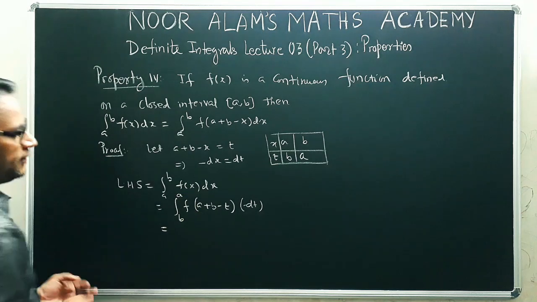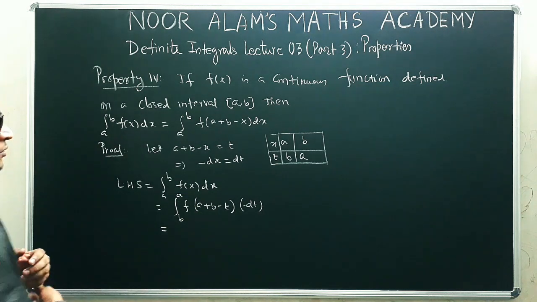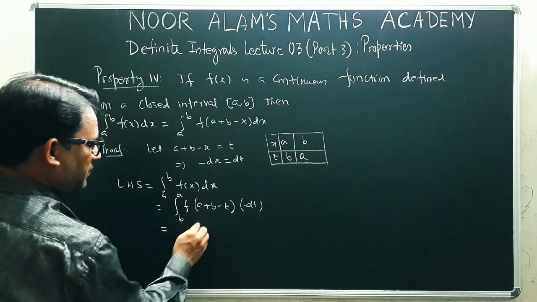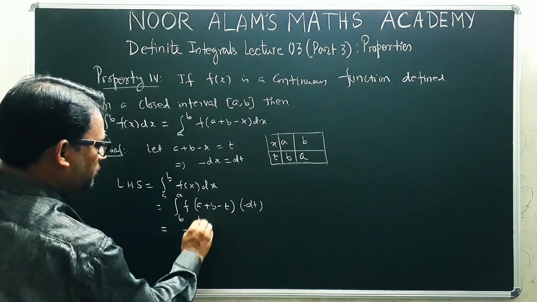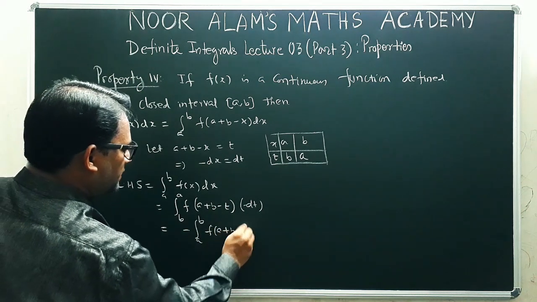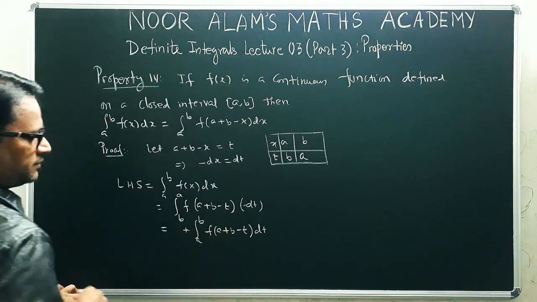When we interchange the limits, we get one minus sign. So changing the limits changes the integration by a minus sign only. So we have a to b, with one negative sign, f(a + b - t) dt. Now this minus and this minus become plus.